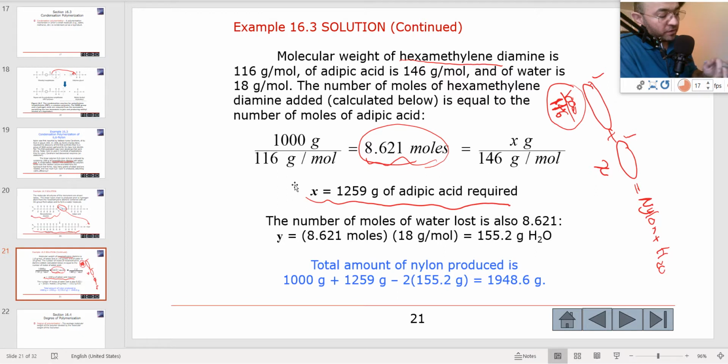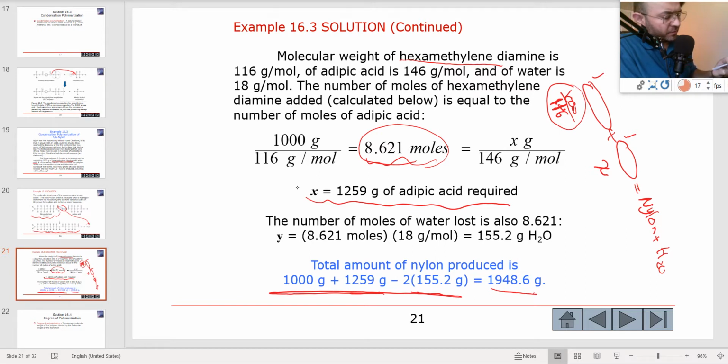How much water is produced in this equation? You have this many moles of this, then the water produced would be simply times 18, the molecular mass of water. Now the total amount produced is 1000 plus this, minus the water that we remove, which is equal to this much.